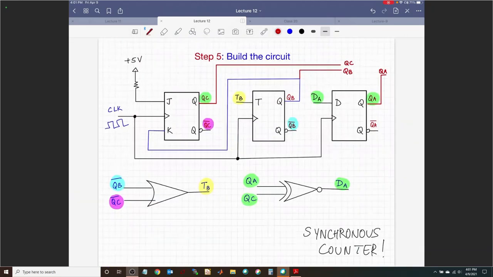Those will tell me the value of the counter output. Yes, QC, QB, QA in that order. All right. Questions, you guys?